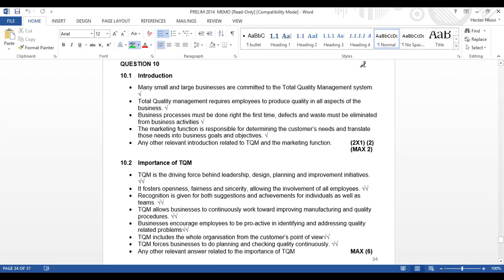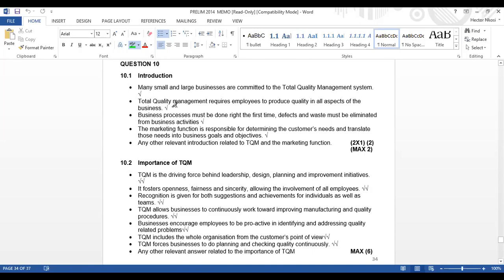And yes, your total quality management, you have covered it in your syllabus. You know what is meant by total quality management. So you must speak about total quality management. You must say, what is total quality management? What does it do? That's what you need to put in your introduction.